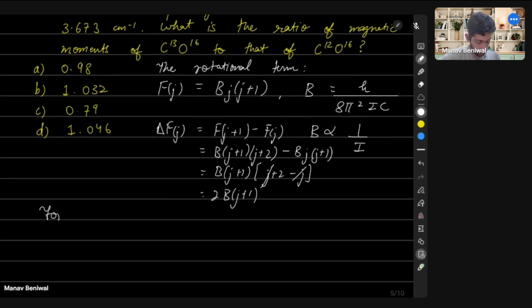Now for the first absorption, J is 0, so this implies delta F0 is simply 2B.